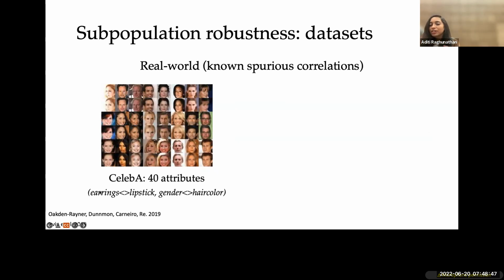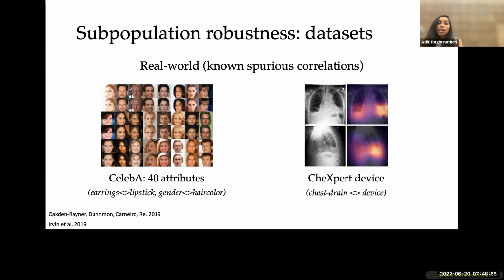If you're wearing earrings, it's very likely that you have lipstick, and so on. So you can try to see whether your model is able to work well even when these correlations are present. And the other data set is the CheXpert device data set that I spoke about earlier, where there is a device that is correlated with the presence of a disease, and you want to see whether your model can still work on recovering the true underlying way to detect the disease and not rely on just the treatment.